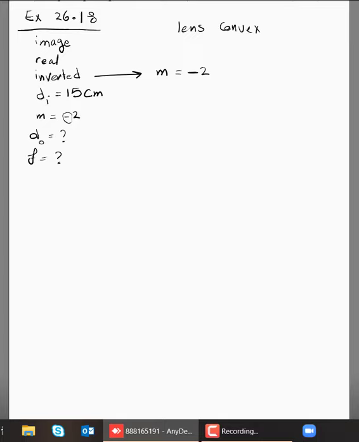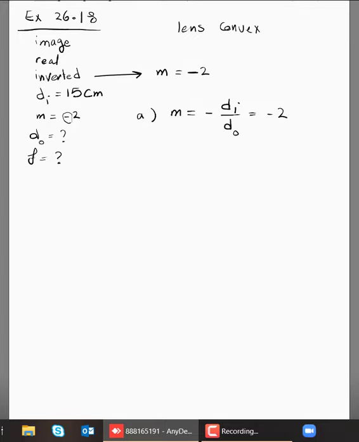And because it says the image is twice as large as the object, magnification is negative 2. So in part A, when it asks for DO, I am using the equation for magnification. Magnification is equal to negative DI over DO, and this is given to be negative 2.